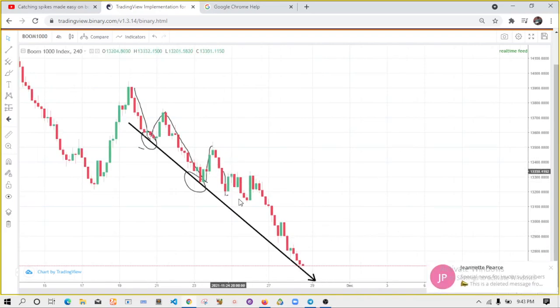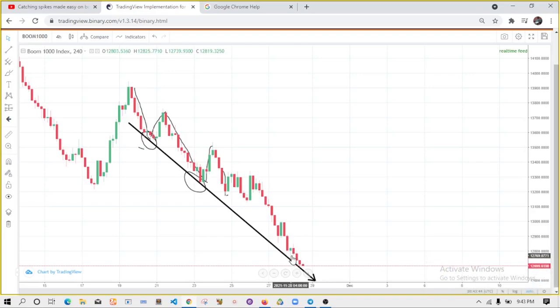As you can see, when the price gets to this point, there was a spike. Just because it's a downtrend, like in the previous video I dropped on trend, there are just a few spikes. So this market currently is not a good market for catching spikes. You can only scalp here.